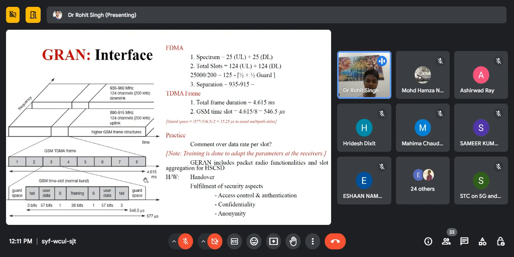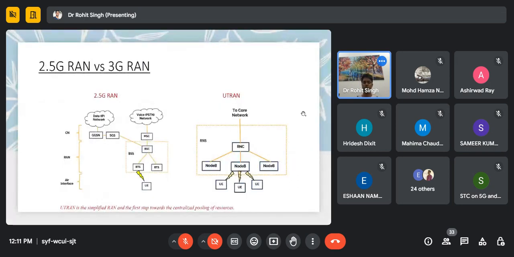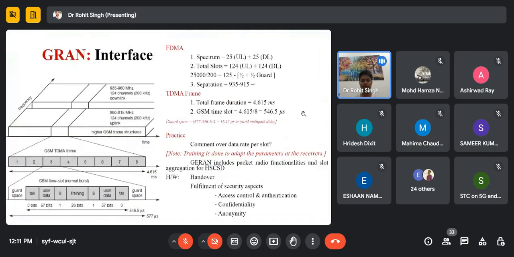So this is how you calculate your data rate. Any doubt in this? Okay, if not, this is a rough idea of how we connect your mobile to the base station in the second generation.